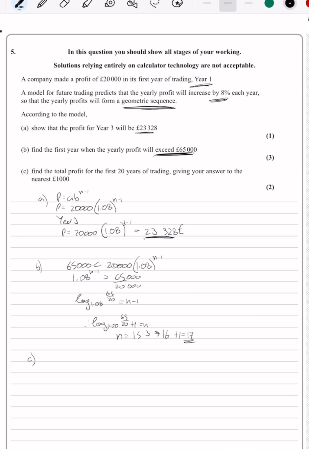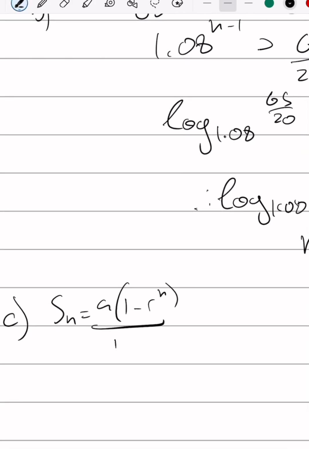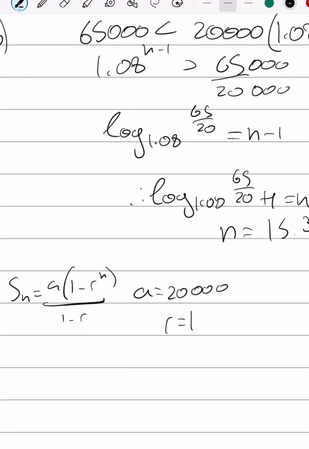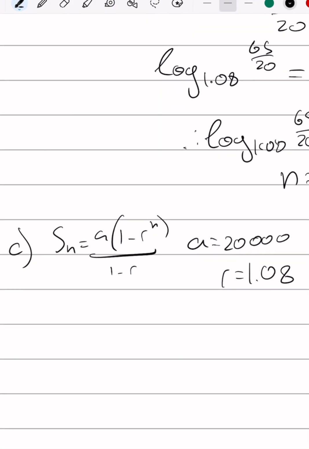So lastly, for part C, we want to use the geometric series equation as it wants the total profit. So you have to find the sum of each one, and the equation will be Sn equals a times 1 minus r to the n over 1 minus r, as in this case a would be 20,000, because that's the initial value, and r would be just the percentage increase each year, as that's the ratio.